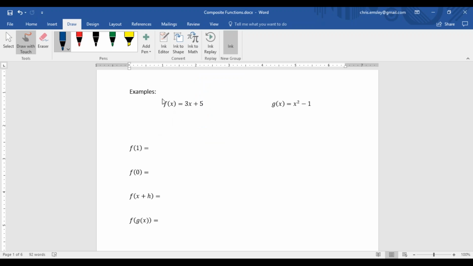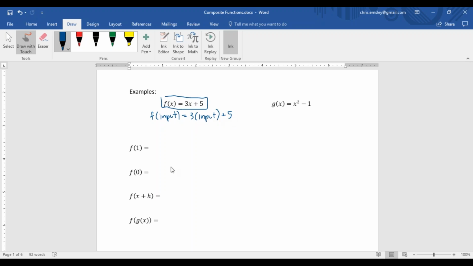Remember that when we see this f of x equals 3x plus 5, that means f of some input is equal to 3 times whatever that input is, plus 5. Okay, that's another way to think of what this function notation means to us.